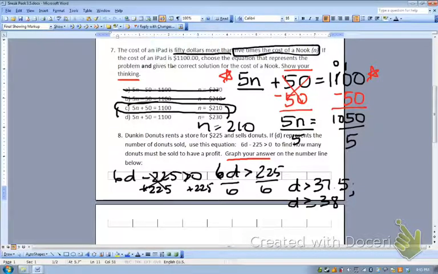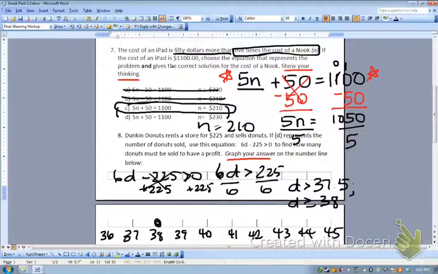Remember, if you do not show me your graph, you do not get points. So I'm going to come down here. I'm going to start at 36, 37, 38, 39, 40, 41, 42, 43, whoops, fix that, 43, 44, 45, and I'm coming back to 38, starting my dot there, filling my dot in, and everything above.